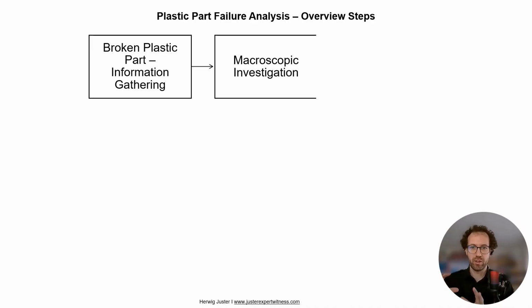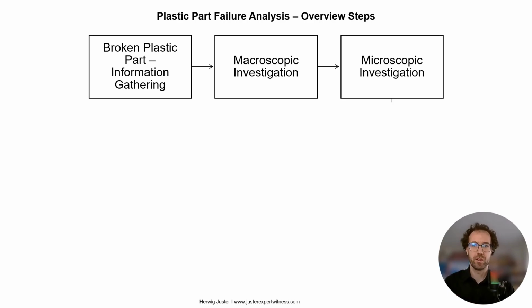So we check, okay, where is the location of breakage, what is involved, when it's split in two parts, do we have all the broken parts, and we need to preserve them, because then in the next step we go into the microscopic investigation, and there we can use stereo microscopy or a scanning electron microscopy to really determine where exactly the crack initiation was, and go really into the details of fracture mechanics.